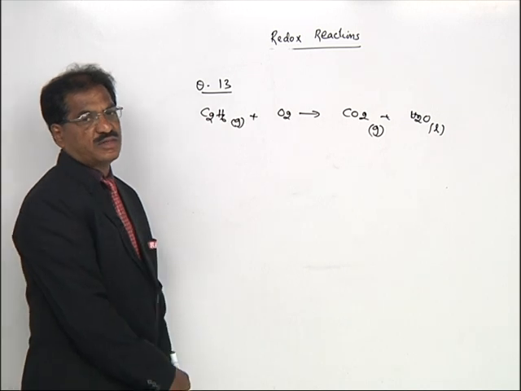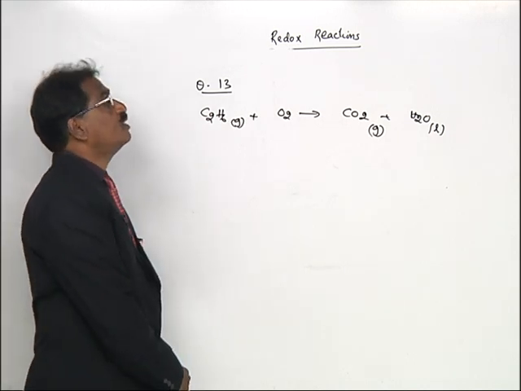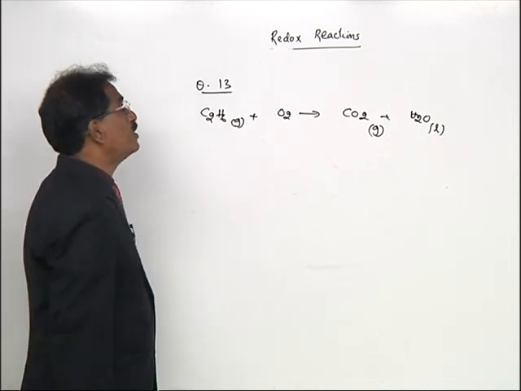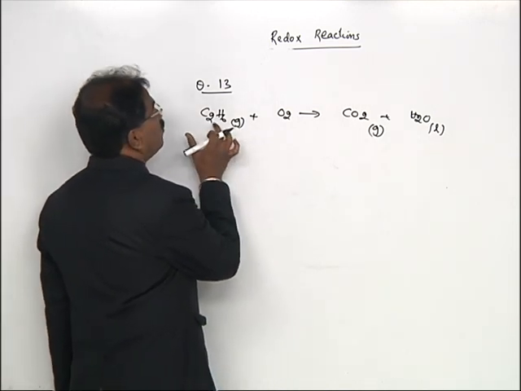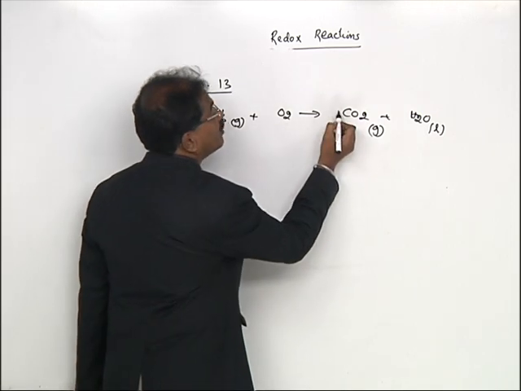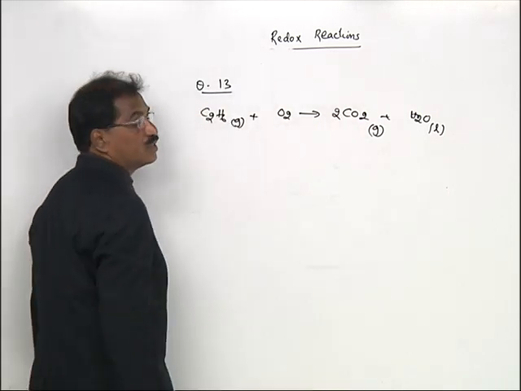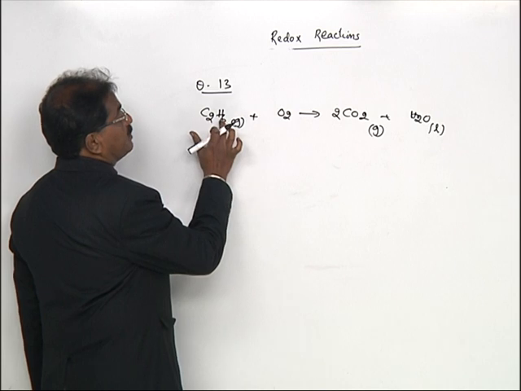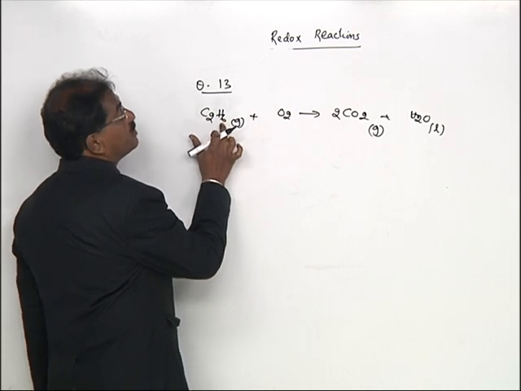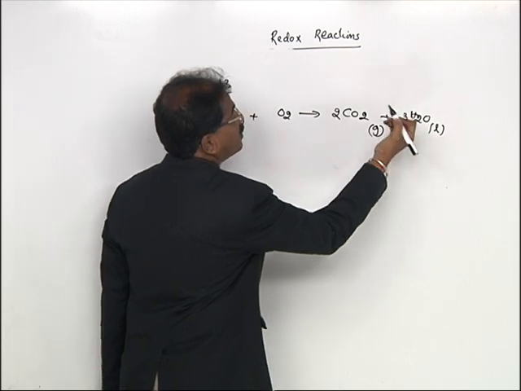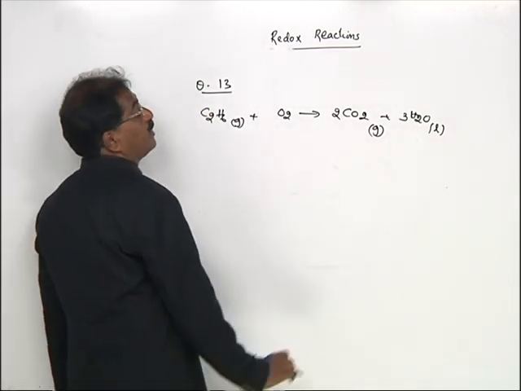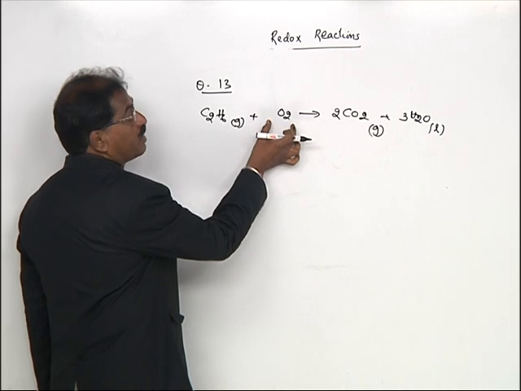In this reaction, the ratio of the coefficients of the CO2 and H2O has to be identified. See here, when we take 1 mole of the C2H6, 1 mole has 2 carbons. Therefore, on the product side also, the CO2 should be 2 moles. Next, 1 mole has 6 hydrogen atoms. Therefore, on the product side, we have to show 6 hydrogen atoms. Therefore, put 3 here.